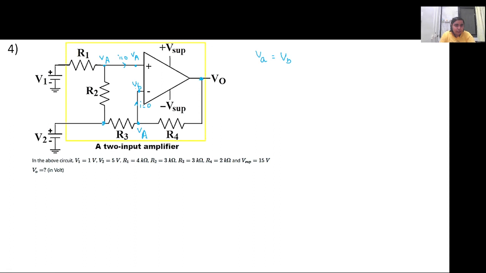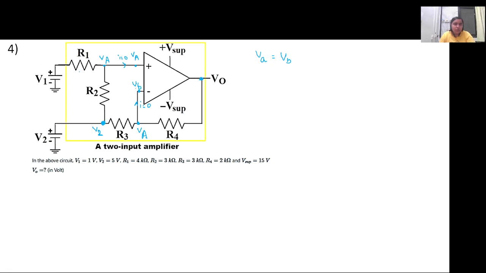What will be the node voltage here? Anyone? V2. Yes, because it is connected to this V2, which is again grounded. So this voltage is V2.